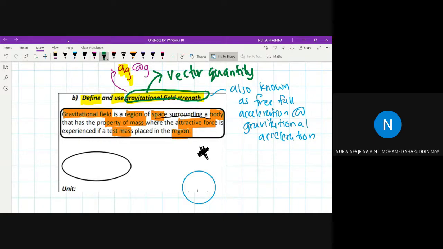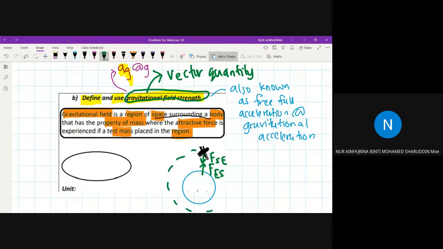So, attractive force dia adalah contoh from Earth to satellite, dan juga from satellite to Earth. Attractive force ni antara test mass dan juga point mass.